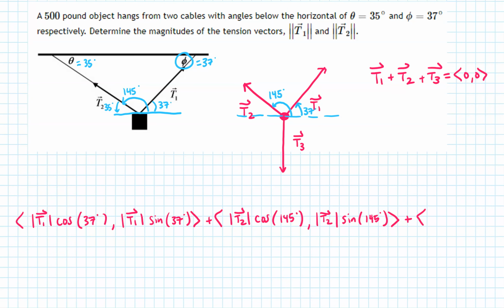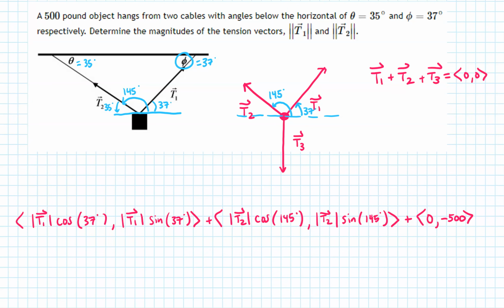And then T3 is going to have the components 0 because there's no horizontal component, and then it's going straight down 500 pounds, so the vertical component is going to be negative 500.